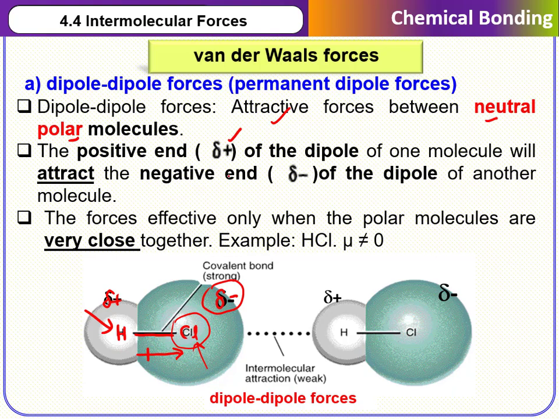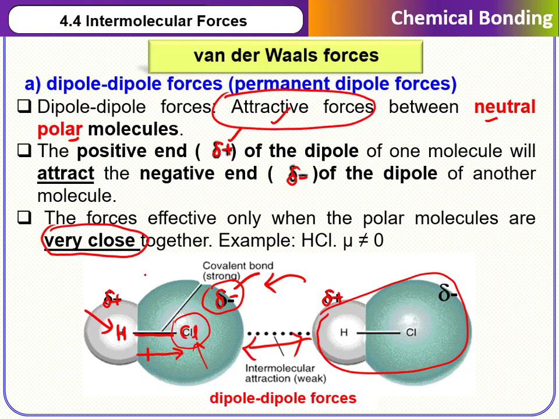So here, what happened? The positive end, which is the partial positive here, of this HCl molecule will attract the partial negative here of the dipole of the other molecule. So the forces are effective only when both polar molecules are very close together.